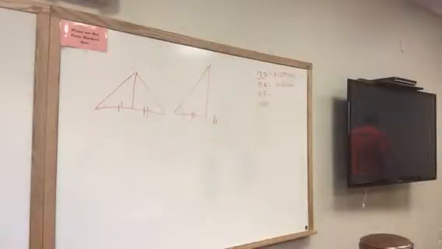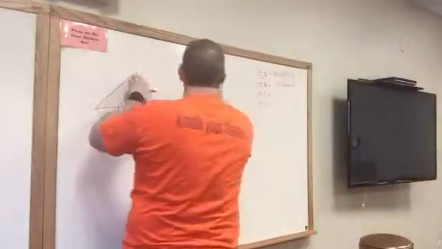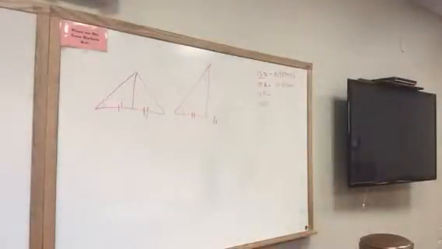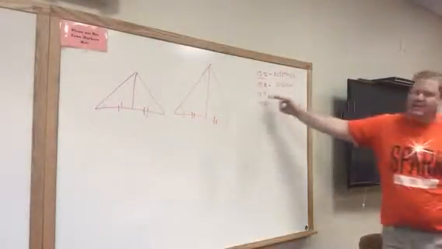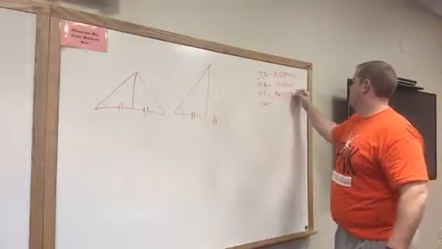Is everybody following that? Does everybody follow that? Yes. Okay, next. What's the next one? When it cuts the angles in half, what is that? Angle bisector. So 13.9 is angle bisector.